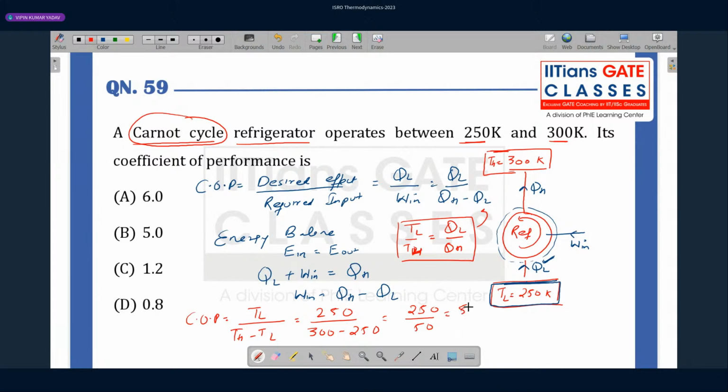So what is the right answer? The right answer is A. Sorry, the right answer is B, 5. Okay, not A. Is it clear? The right option is B. Is it clear?